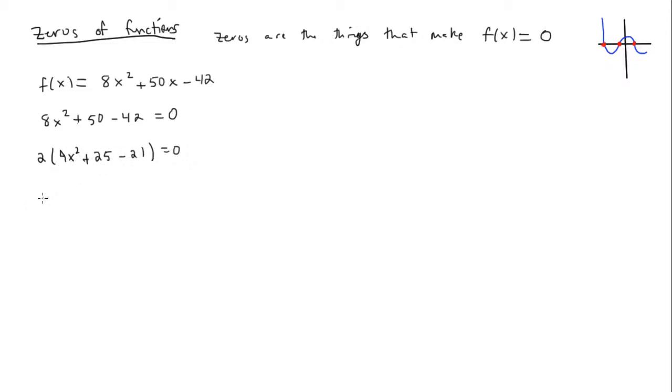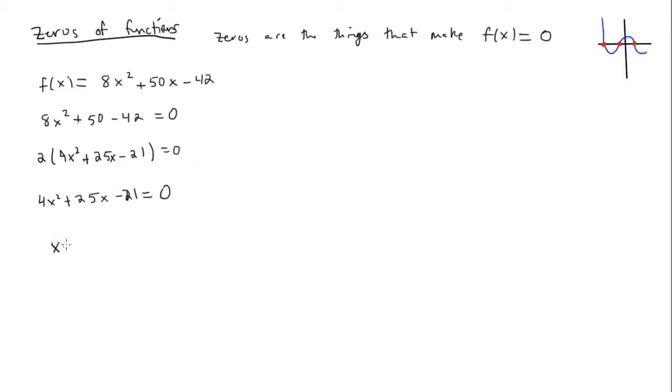Okay, so we have 4x squared plus 25x minus 21 equals 0, and then all we need to use is the quadratic formula. I would not try and factor this because of the ugly numbers, and completing the square is probably not the best way to approach this one, so we'll just try the quadratic formula and hope for the best.